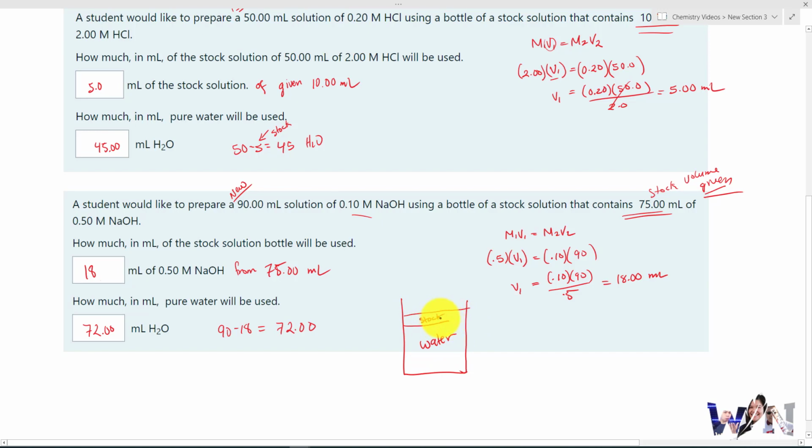If you add your stock solution first and then add water, the water will react with the stock solution, and you can have a lot of problems. By adding water first, no matter how concentrated the stock solution is, it will be diluted very quickly by the abundant amount of water. And that way is a lot safer. So again, water always first.